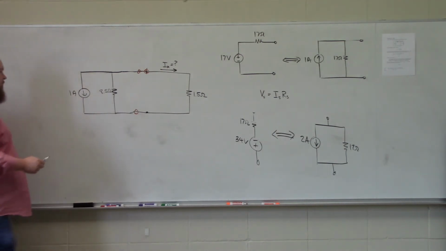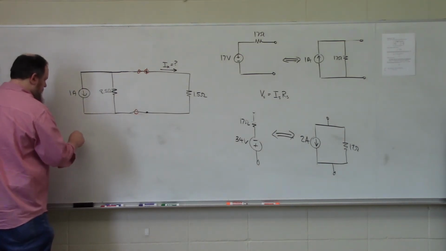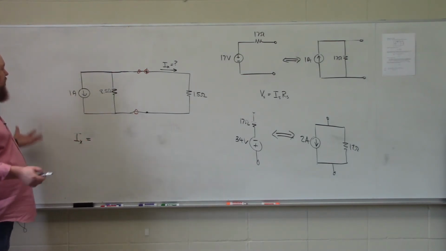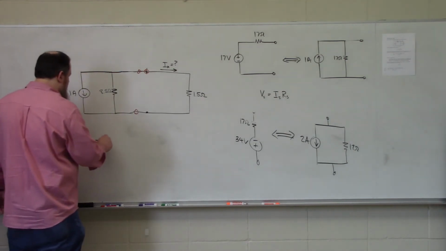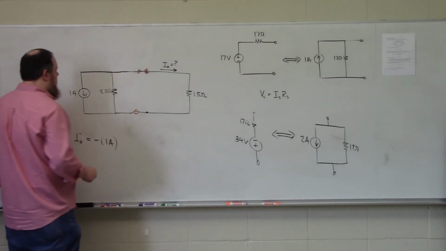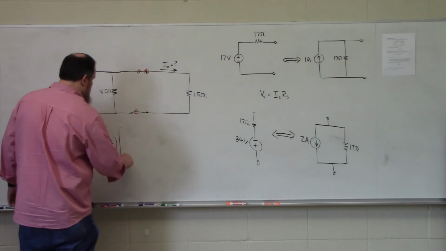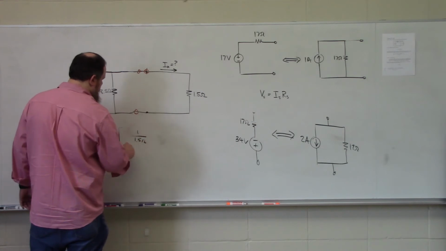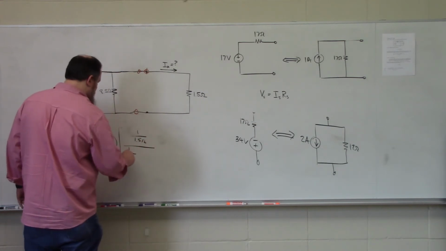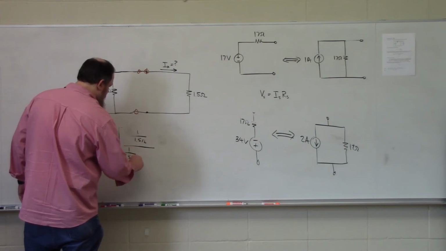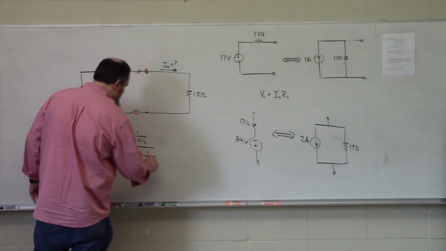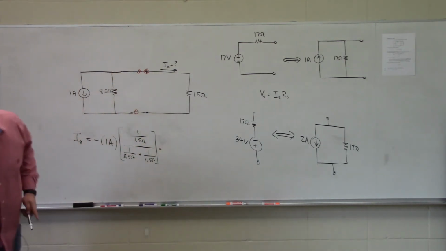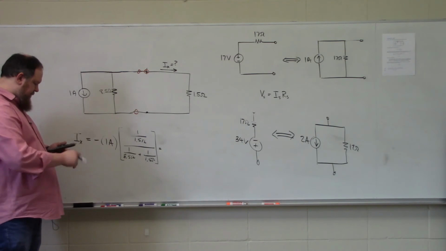And now I can see that my current of interest, Ix, using current division, is simply negative 1 amp times 1 over 1.5 ohms divided by 1 over 8.5 ohms plus 1 over 1.5 ohms, which, let me grab my calculator real quick.